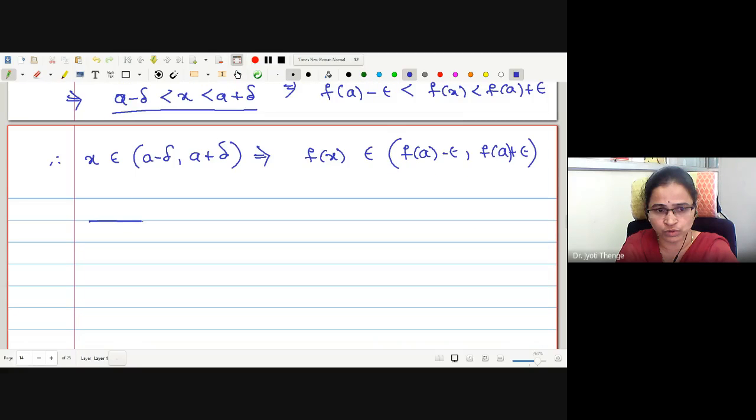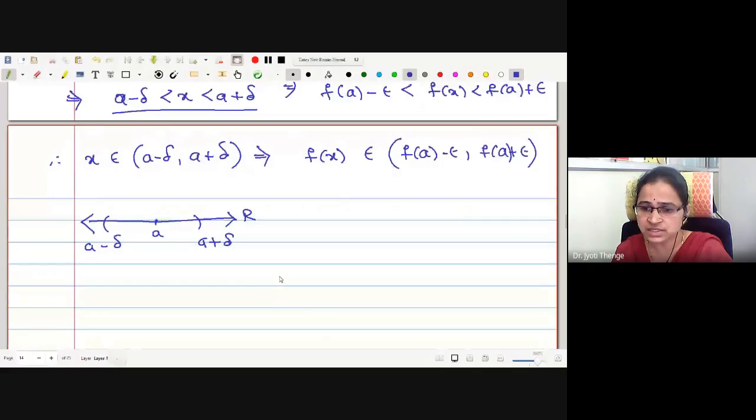Suppose this is the point a. Similarly, if we have f of x to be a real valued function again, then one can show the f values on the real line.